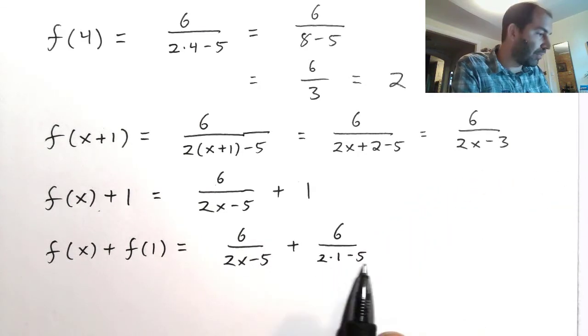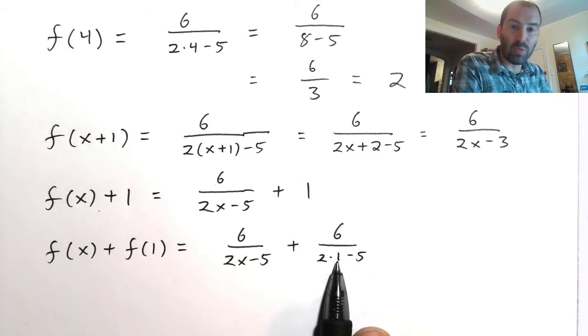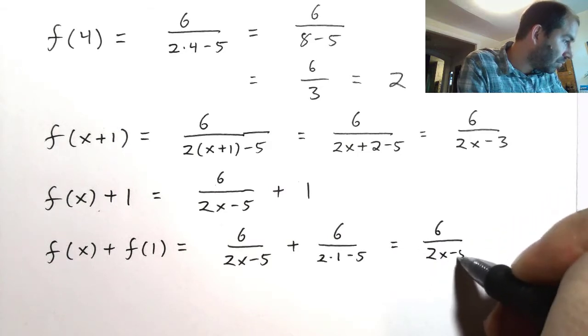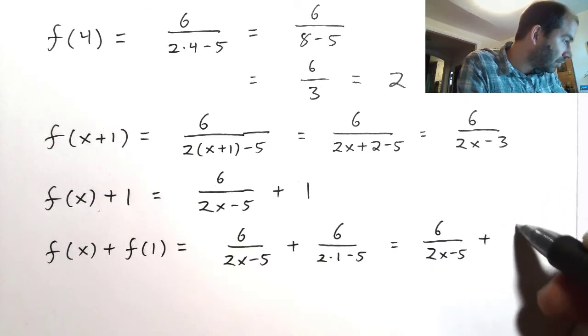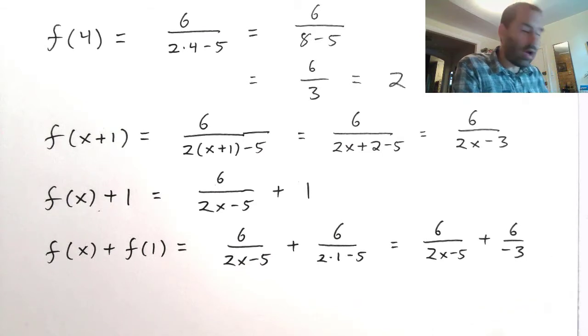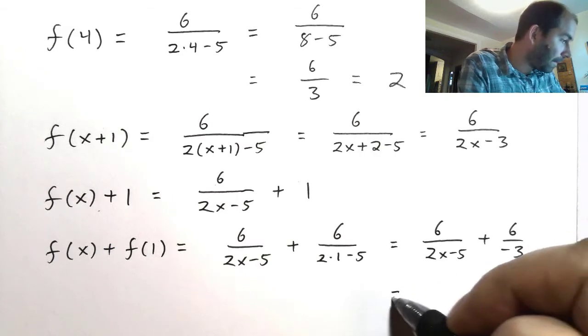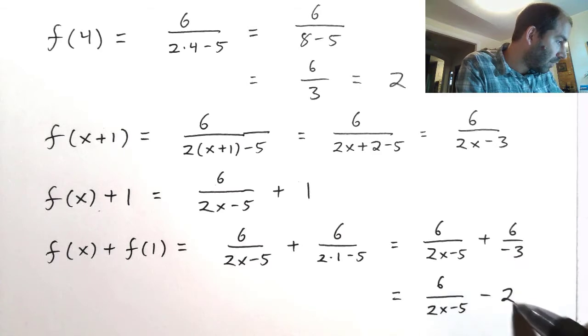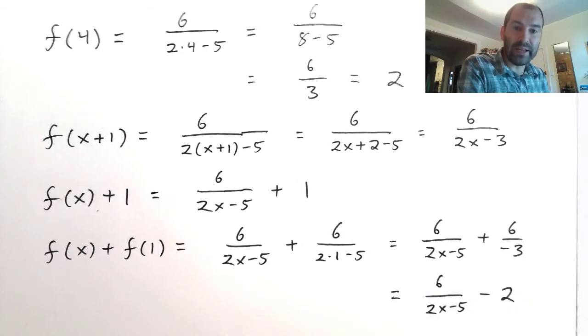Okay, well, I can simplify this, right? 2 times 1 minus 5. Well, that's negative 3. And I can simplify this. 6 divided by negative 3 is negative 2. And I'll leave my answer like this.